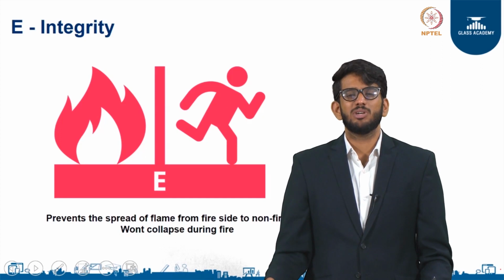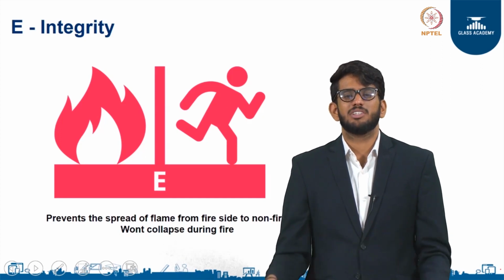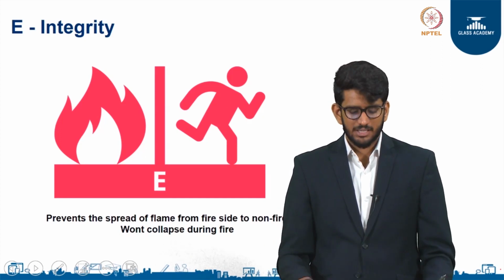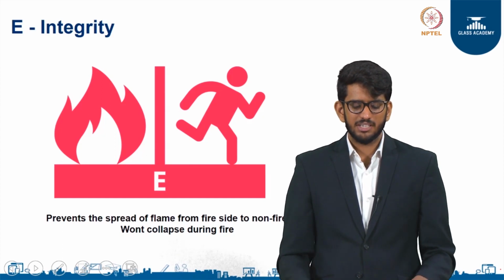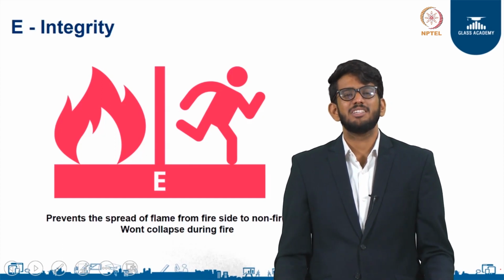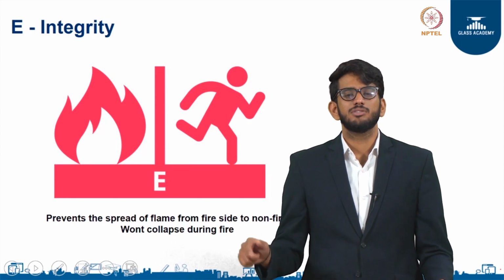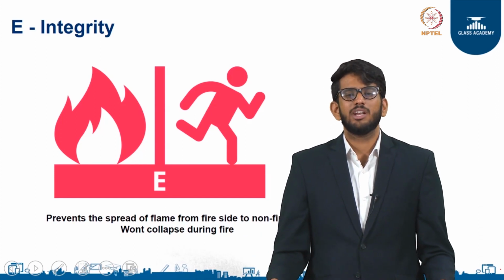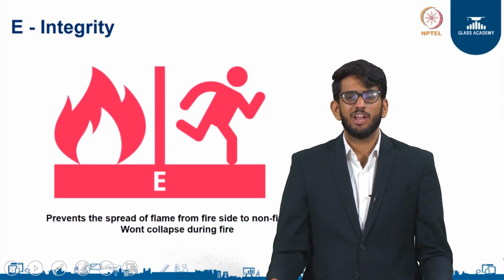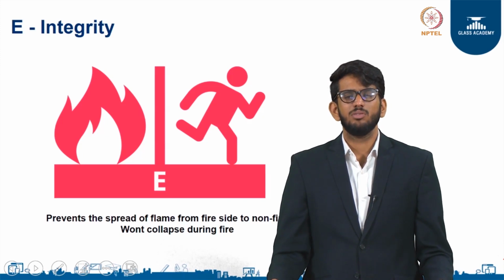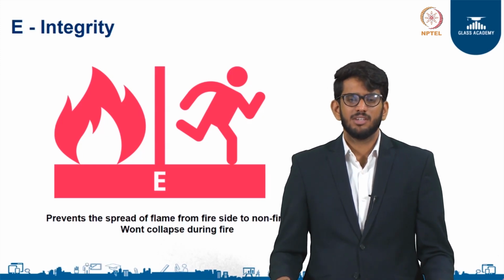But at the same time, you can see that the whole graphic is represented in red, which means that there will be a lot of heat transfer through the glass. So although an integrity rated glass does not collapse during a fire, it does allow heat to pass through the glass.